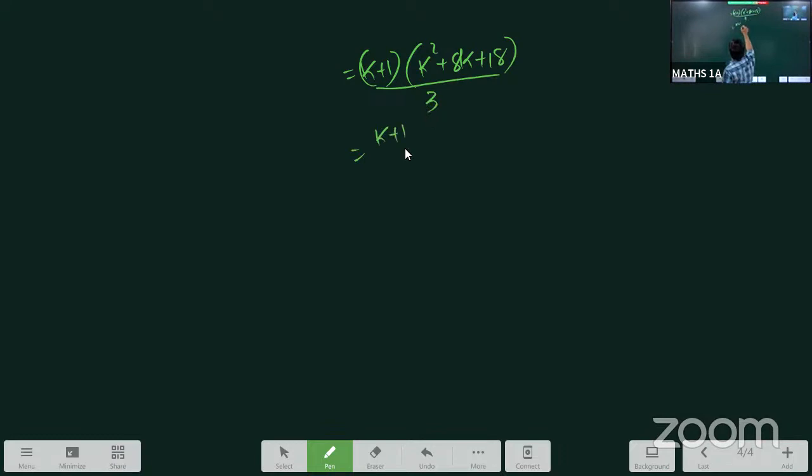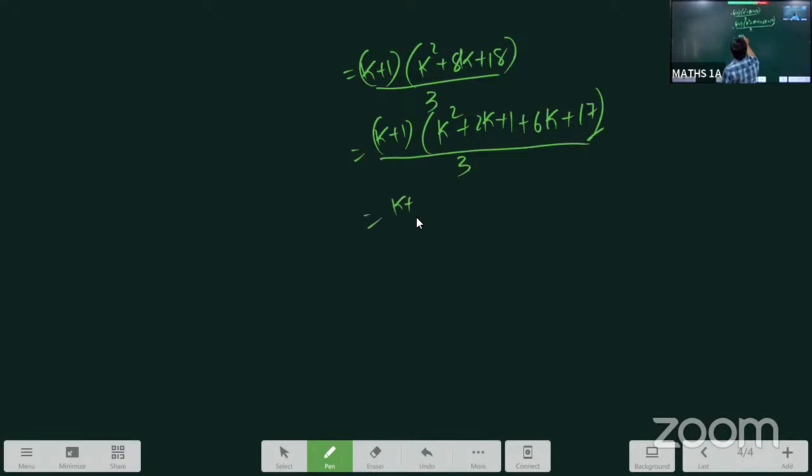Is it clear? Now k plus 1 into, here I will write k square plus, wherever you get n, there you should get n plus 1. So k square plus 2k plus 1. From 8k, I separated 2k, then I will get 1 more 2k. And from 18, I separated 1, so what I get is 17. Whole divided by 3. That is nothing but k plus 1 into k plus 1 whole square.